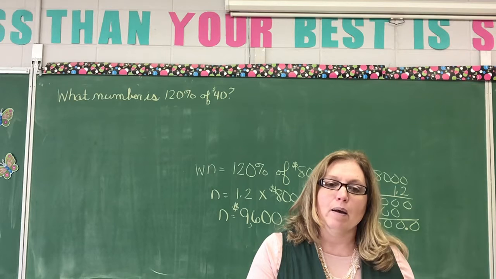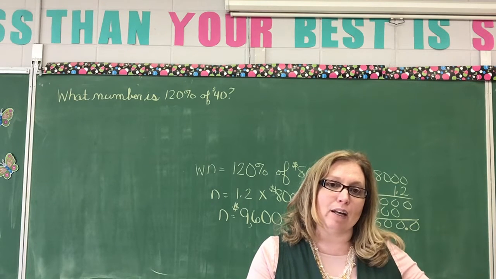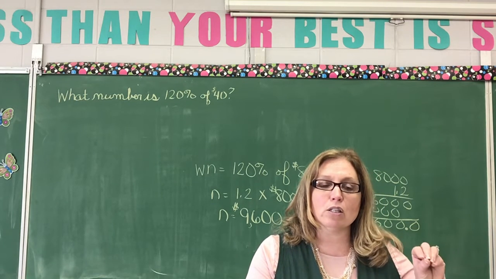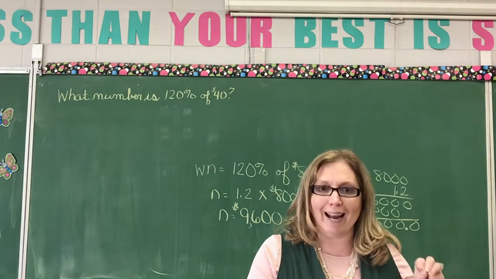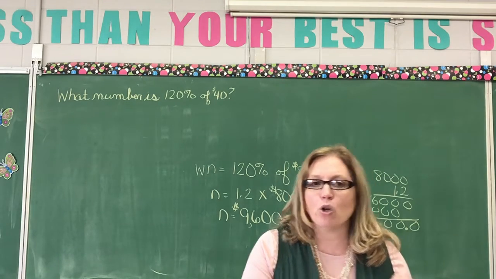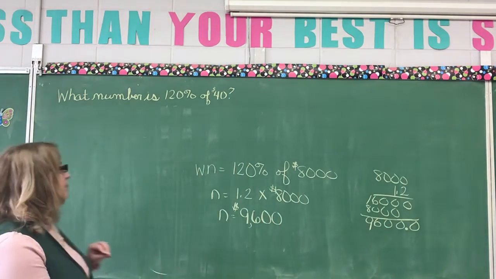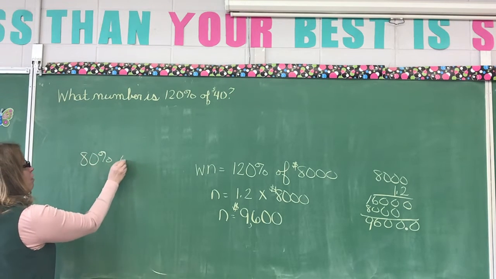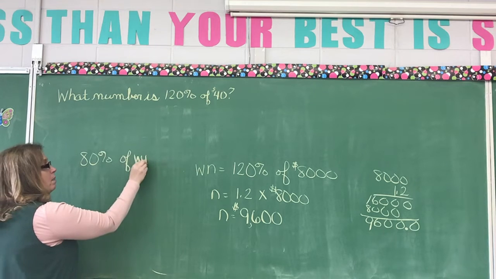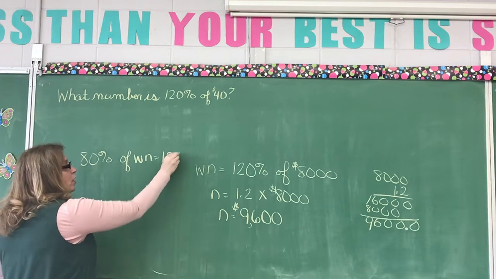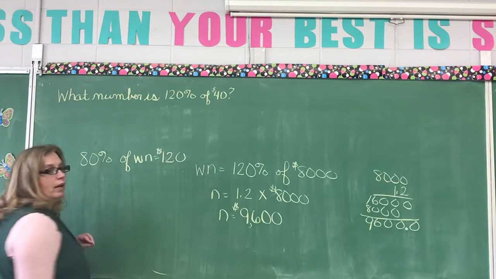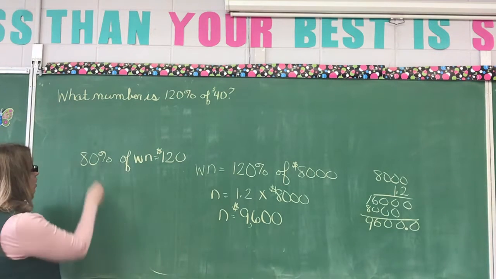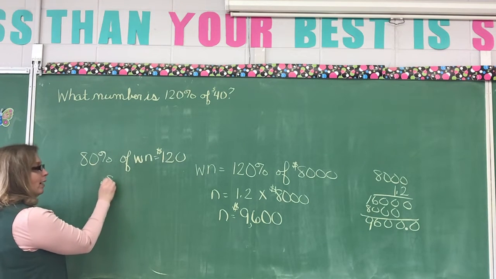Okay? Why? Because we know that 20% was taken off. So we know that the suit sold for 80%. So 80% of what number equals $120? Okay, so how are you going to solve that? Well, change this to 0.8.